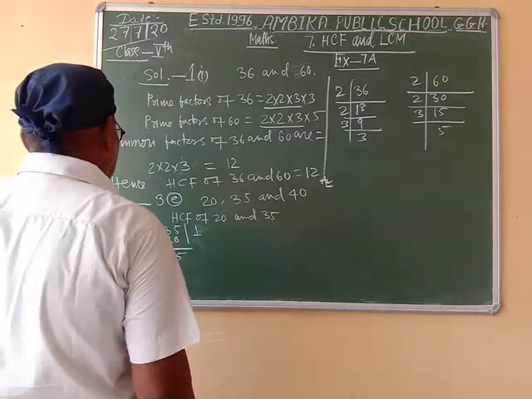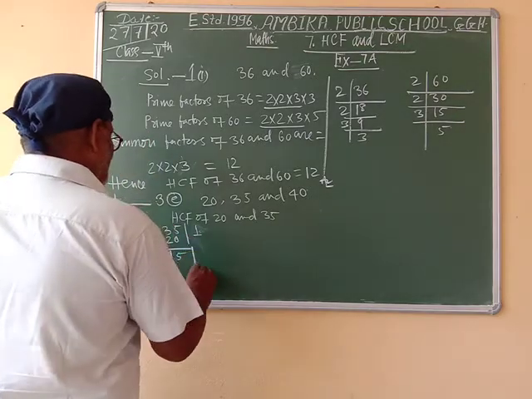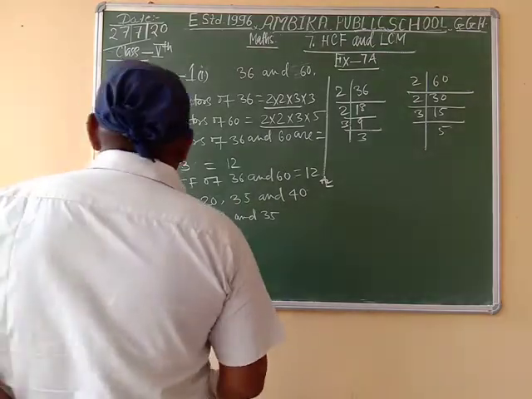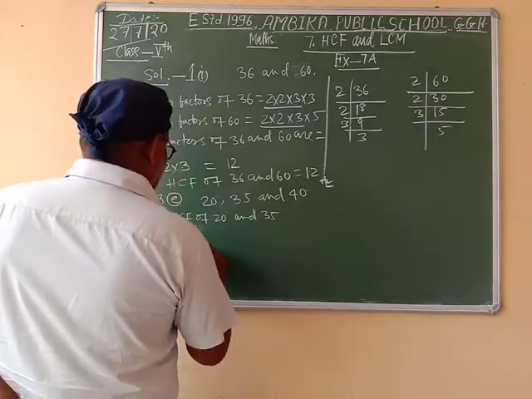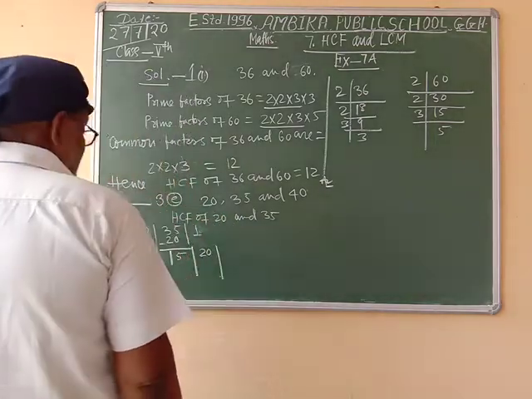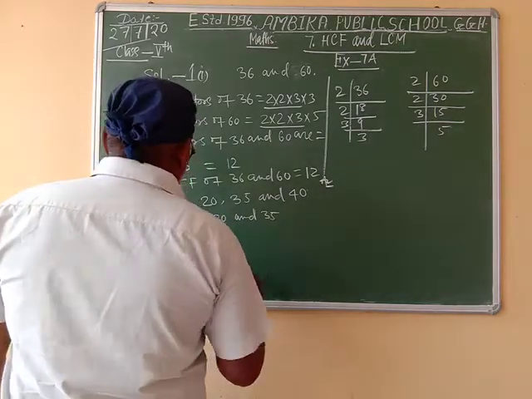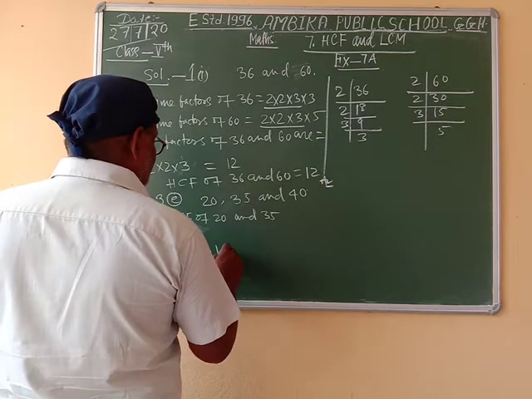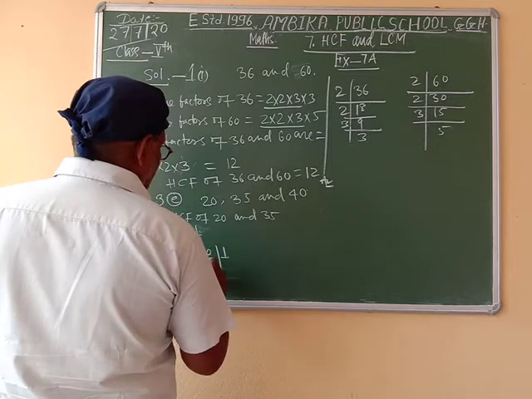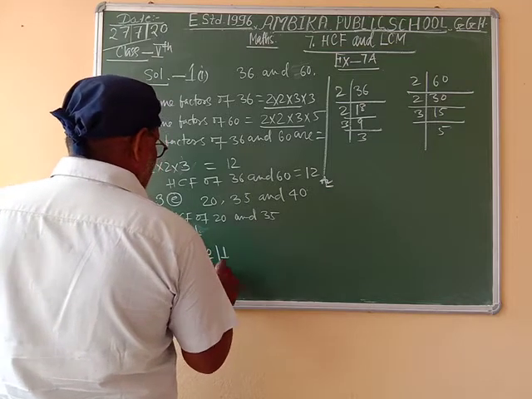Again, the new divisor is 15 and the new dividend is 20. So dividing 20 by 15, 15 goes one time in 20, on subtracting the remainder is 5.